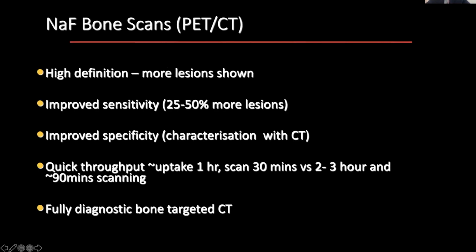We have a much better version of this now available. Sodium fluoride PET CT probably doesn't get as much use as maybe it should in everyday practice, and there's also a cost consideration, obviously, but it's certainly better than traditional technetium bone scans for looking for particularly bone metastases, or looking for multiple fractures, or looking for maybe subtle abnormalities.